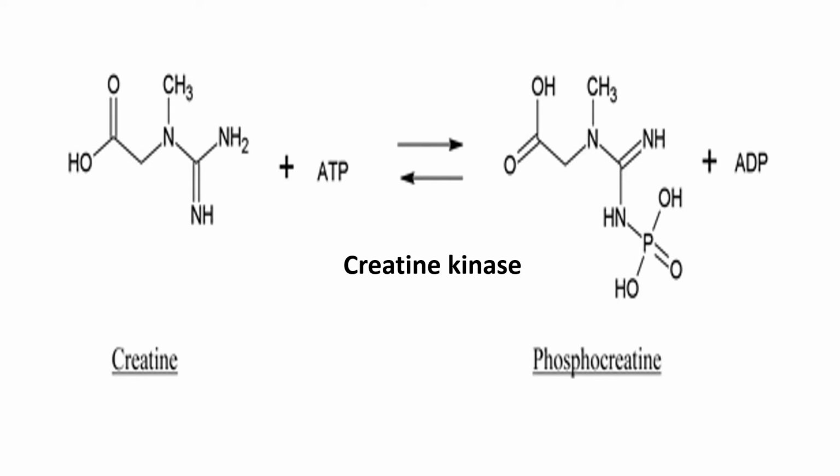So creatine kinase converts creatine into phosphocreatine, and the ATP is converted into ADP. This phosphocreatine is another storage form of energy in muscles, especially skeletal muscles and cardiac muscles, besides glycogen, which is a stored energy. Creatine phosphate or phosphocreatine is also a stored form of energy.